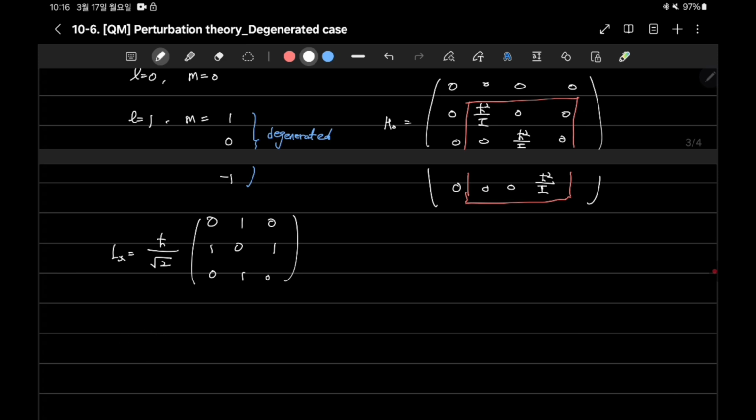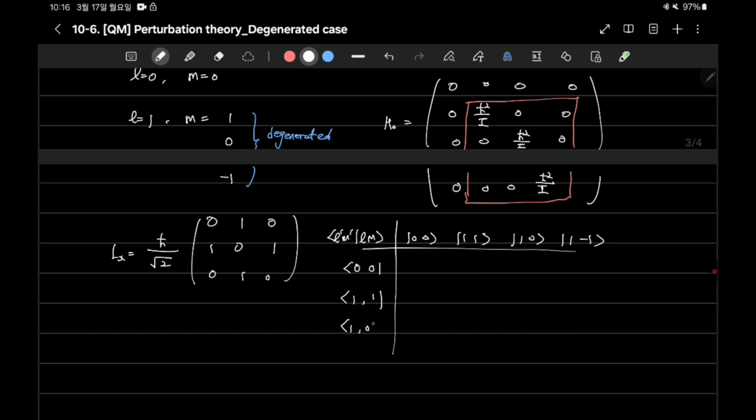Then this Hamiltonian H prime can be written with L prime, M prime, L, M. There is the 0, 0 case, and for L equal to 1 there are 3 possibilities: 1, 1; 1, 0; and 1, minus 1.